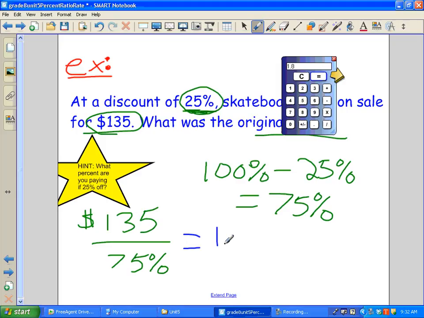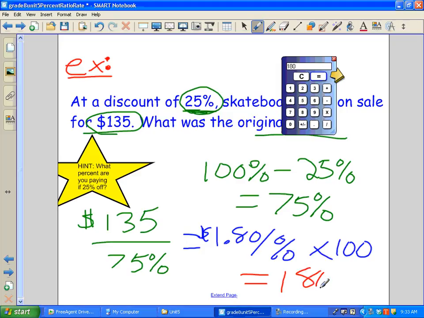So it's going to be $1.80 per 1%. But we don't want to know what 1% is. We want to know what 100% of the cost was. So we'll just times that by 100, and we will know then what 100% of the cost is. And the answer is $180 was the original price.